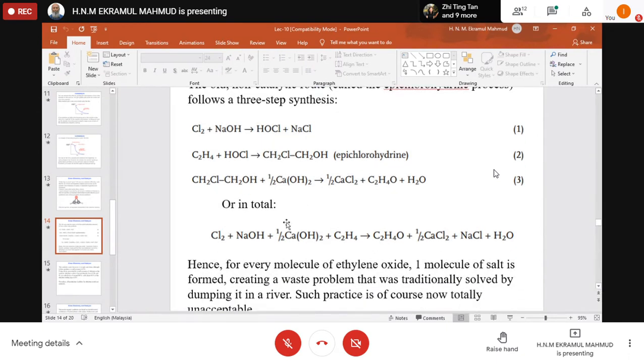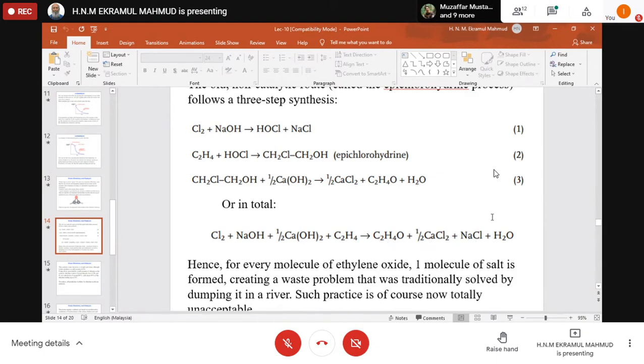So this calcium chloride, this salt, is an undesirable one. In total, it can be like this: chlorine and sodium hydroxide give HOCl plus sodium chloride. Again, this one will react with C2H4 to produce this epichlorohydrin. Now this epichlorohydrin will react with calcium hydroxide to form calcium chloride and this C2H4O and water, or in total like this. Okay.